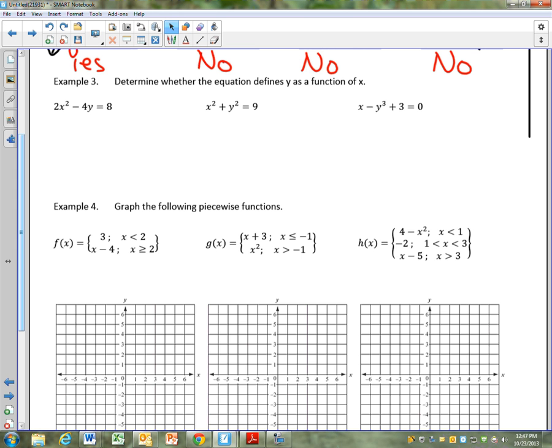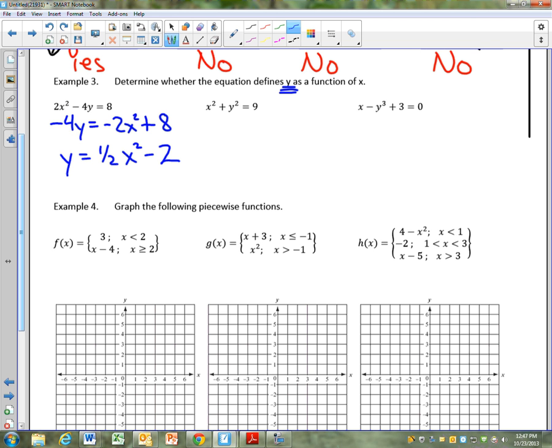The way that we do that is we solve for y. In this first scenario, I subtract 2x squared: -4y equals -2x squared plus 8. Then I divide by -4, y equals 1/2 x squared minus 2.